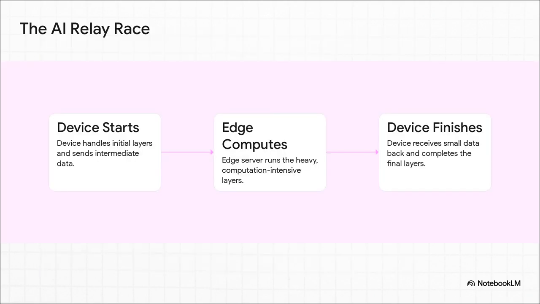The whole thing works kind of like an AI relay race. Your phone starts the race, but instead of trying to run the whole thing, it passes the really hard part, the heavy computation, off to the super powerful edge server. The server does all that heavy lifting and then passes back this much smaller, really lightweight piece of data, like the baton in a relay, for your phone to just easily carry across the finish line.